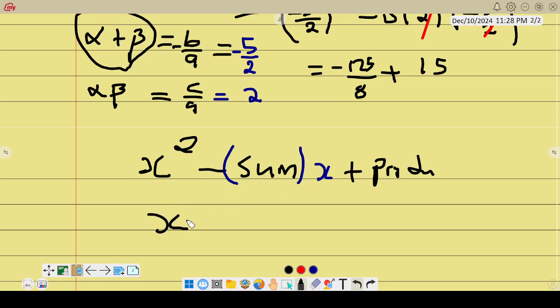So this will be x squared minus the sum, it's negative 5 over 2, so minus negative 5 over 2 x, plus product c, it's 2. Never forget x here. So this is how you find it.